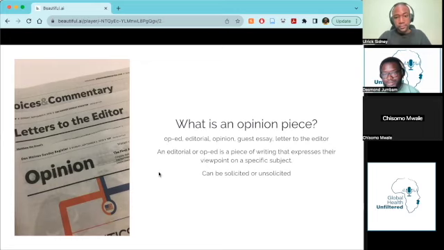The most popular one will be op-ed, right? And when you hear the word op-ed, most people think that it means opinion editorial, but that's not exactly correct. It means opposite the editorial.